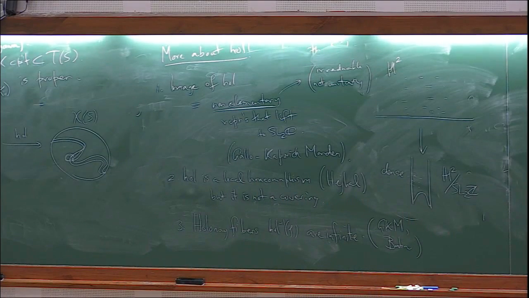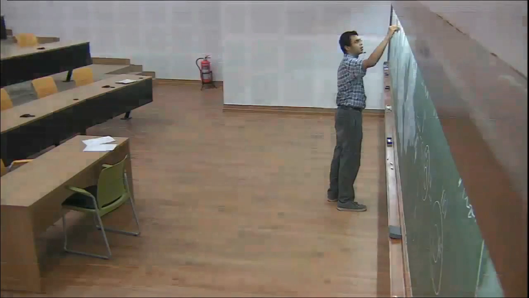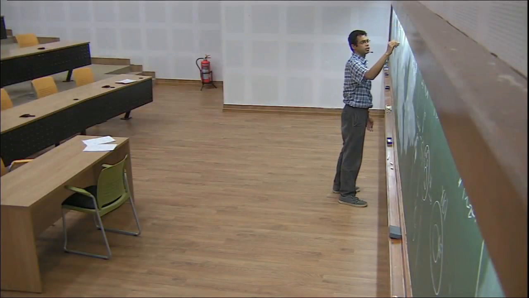Let me now introduce this grafting parametrization. It's the main tool. Grafting is a way of deforming a complex projective structure. We start with a Fuchsian structure.